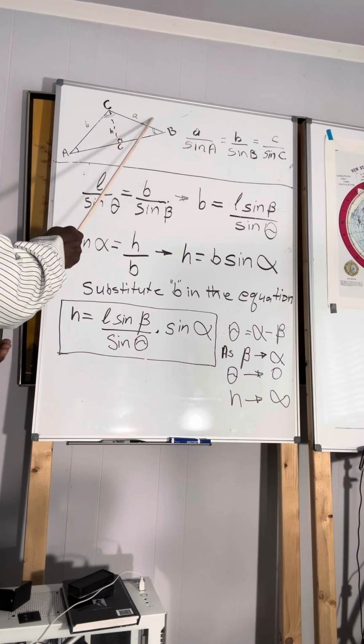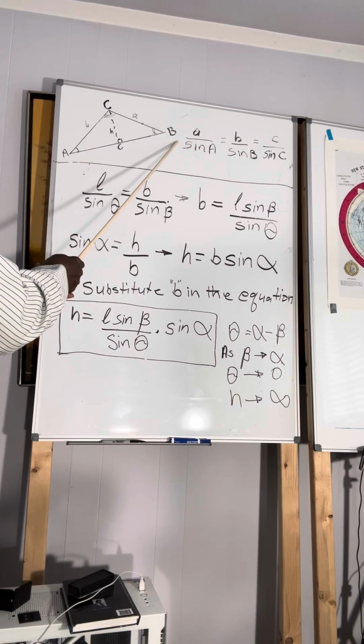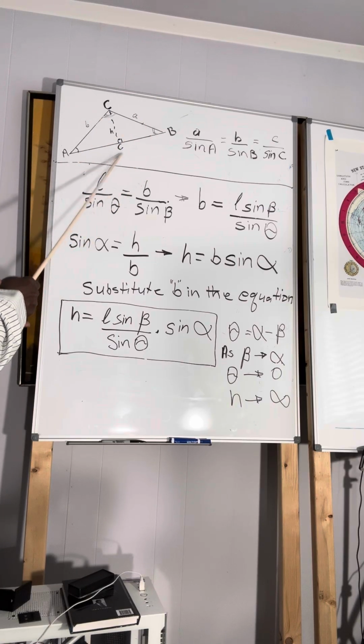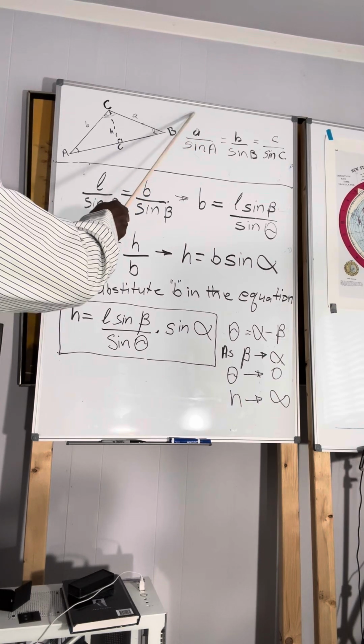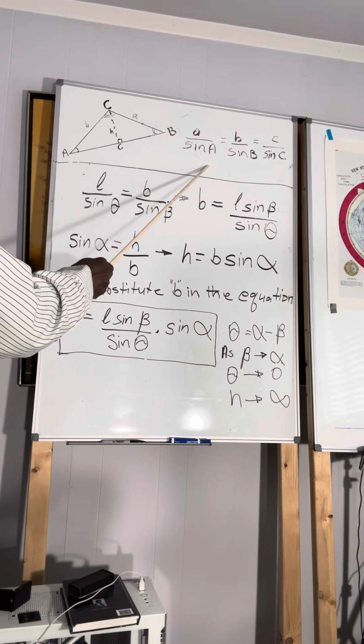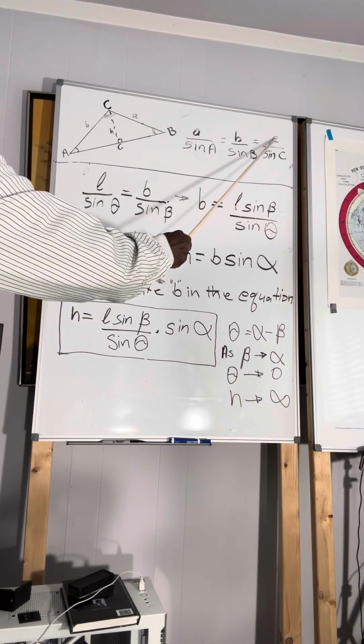So this is a because it's opposite to A, this is b because it's opposite to B, and this is c because it's opposite to C. The formula is a over sine A is equal to b over sine B, and it's equal to c over sine C.